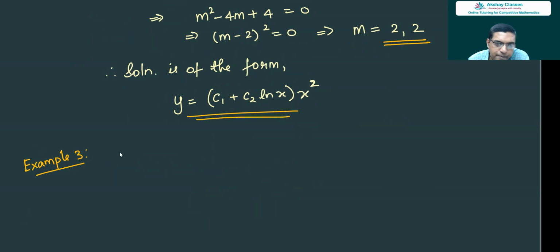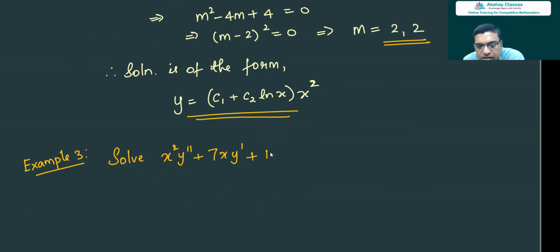Next, example 3. Solve x square y double dash plus 7x y dash plus 13y is equal to 0. So again, y is of the form x power m.